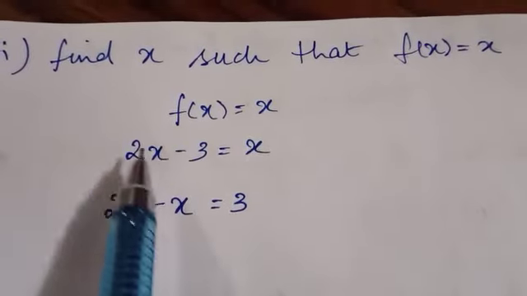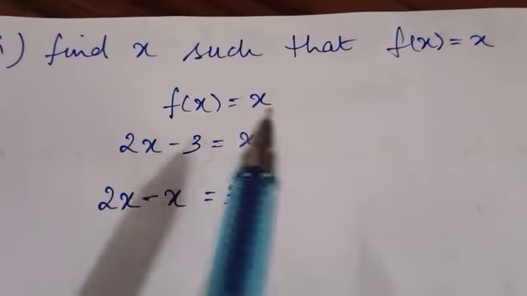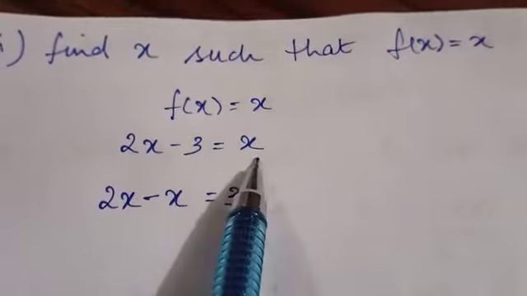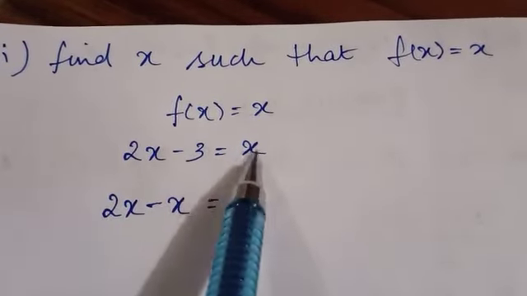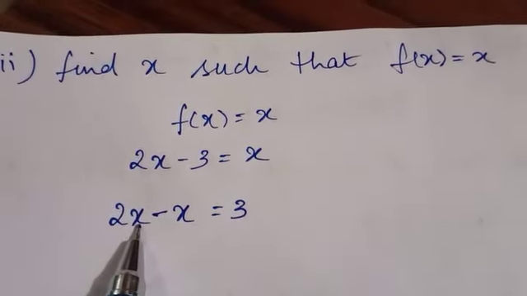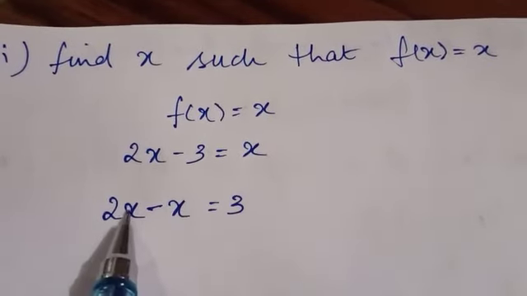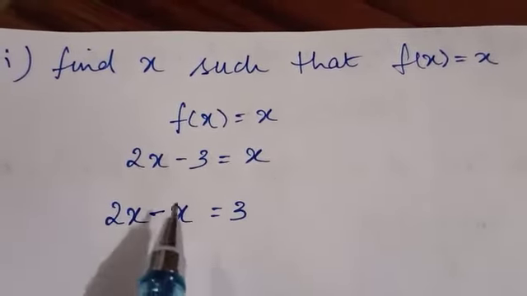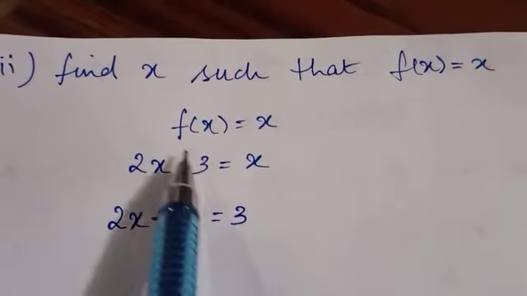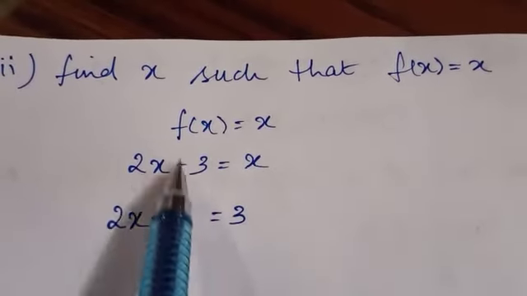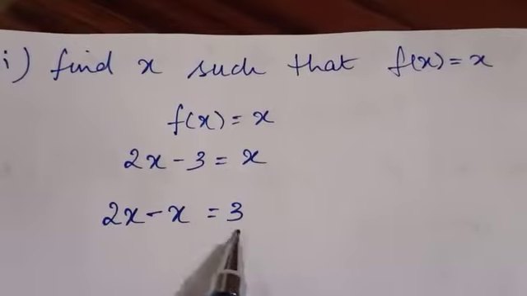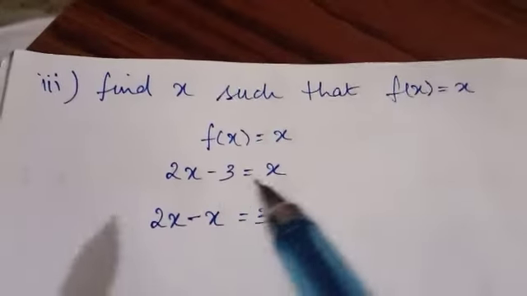Already we have 2x here, so I have written it as it is, and in the right hand side we have 1x, so I am bringing it to the left hand side. While we are bringing it to the left hand side, the sign changes, yes, so the plus x becomes minus x, and then we have to take the numbers to the right hand side. So minus 3, when it comes this side, it becomes plus 3.